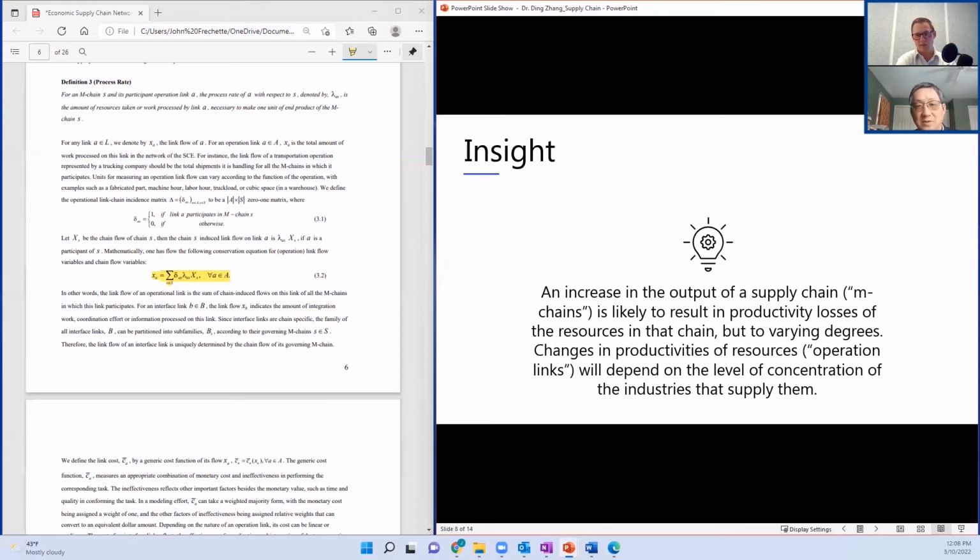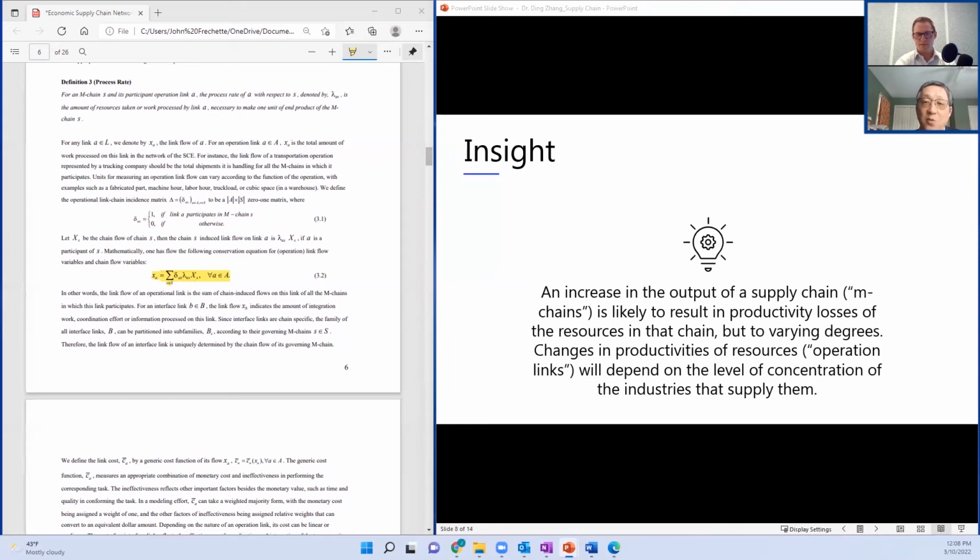Is that right? Yeah, well, one thing I probably want to add is we call it supply chain disruption. This is a very big issue. But the whole story, lots of long stories, I don't want to include here. But to be short, if say one operation link participates in two M chains, one is big, one is small, producing the same material.